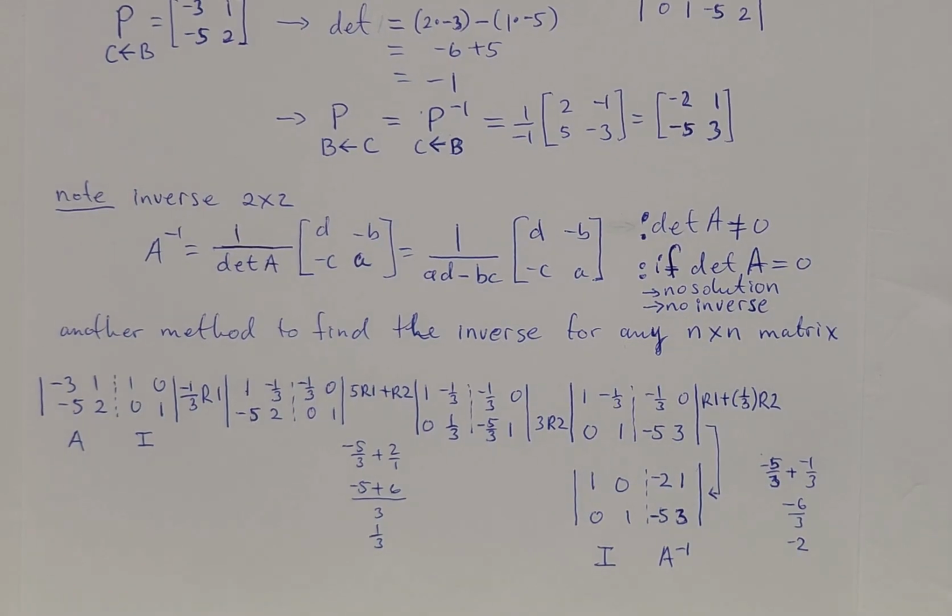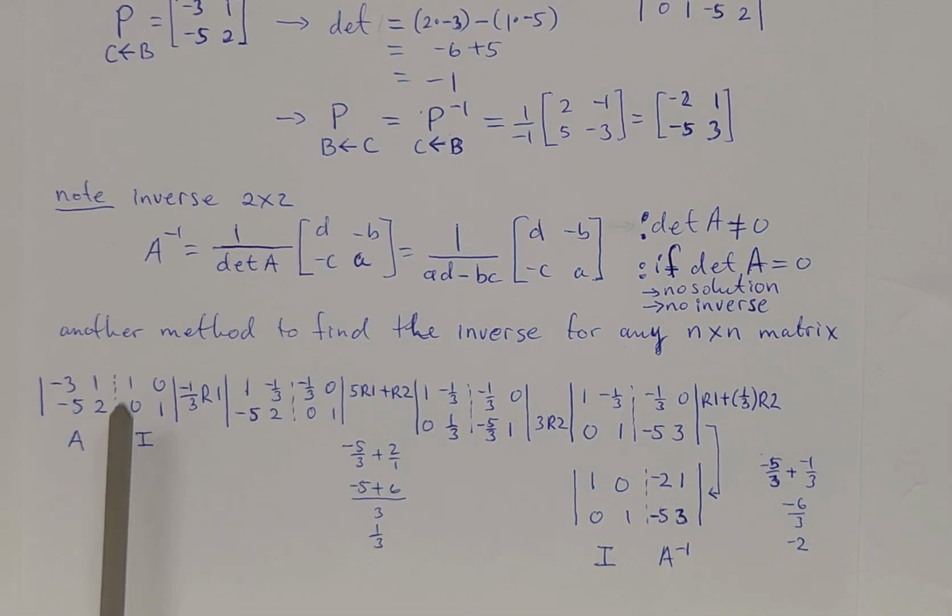Okay. Now this is another way to find the inverse of any n by n matrix: 2 by 2, 3 by 3, 4 by 4, and so on. You will write the matrix that you're going to find the inverse of, and on the right side you will write the identity matrix.